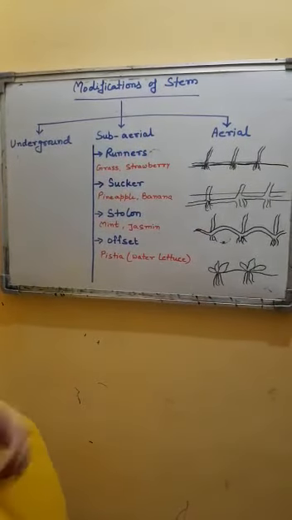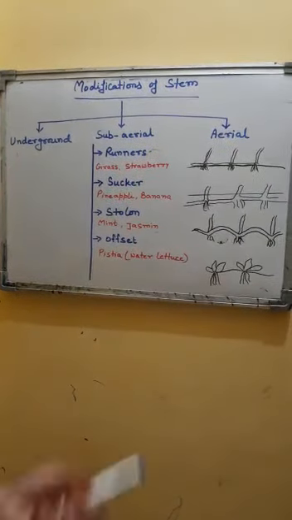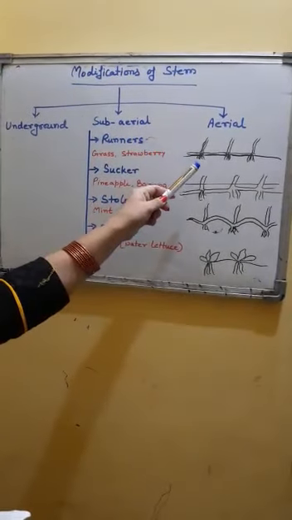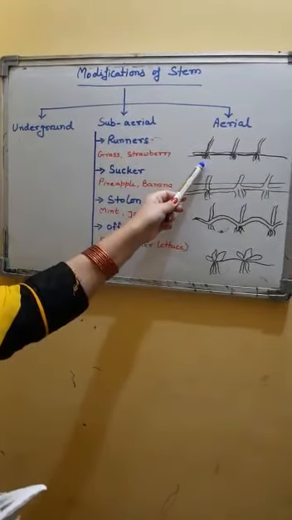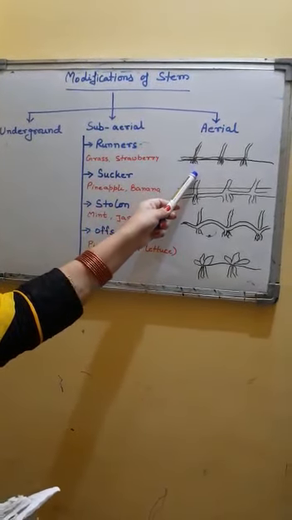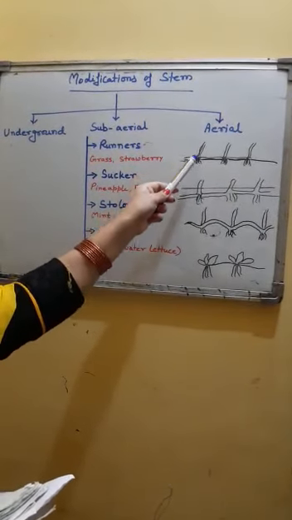The very first is runners. In runners, the stem has long internodes. You can see in the diagrams, examples are present in the creepers. Roots develop from nodes on the lower side and branches on the other side.